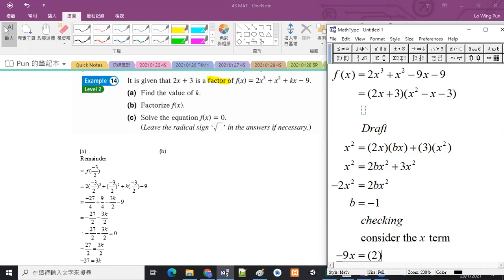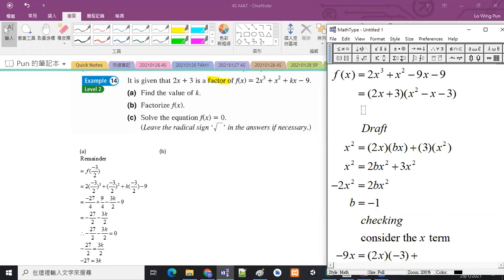If I choose 2x from the front, then I need to choose -3 from the back, because I need the product to be an x term, x power 1 term. Okay, so this is the first combination.